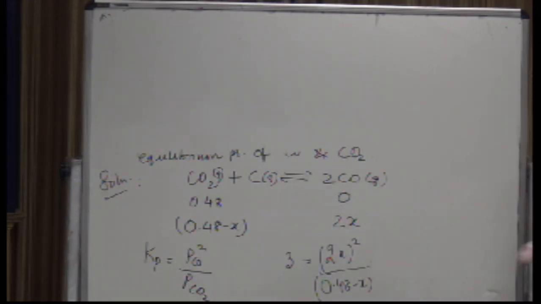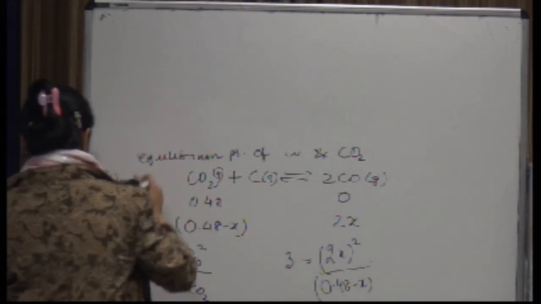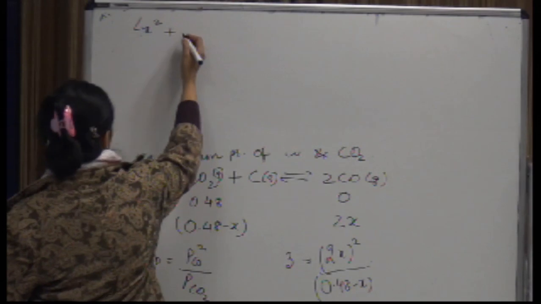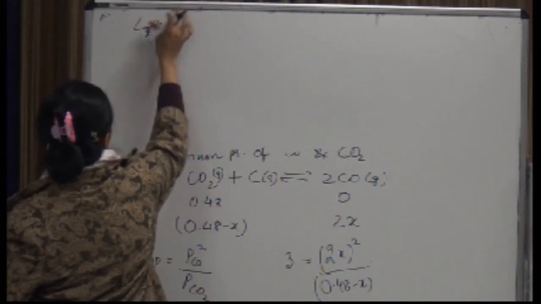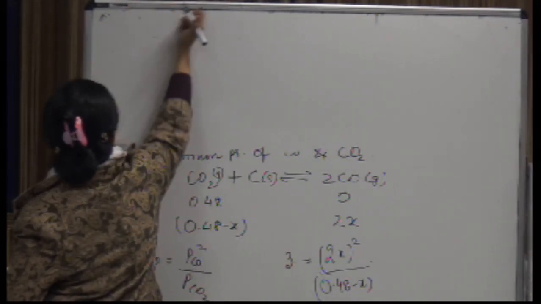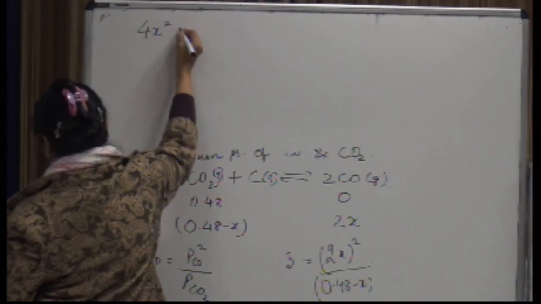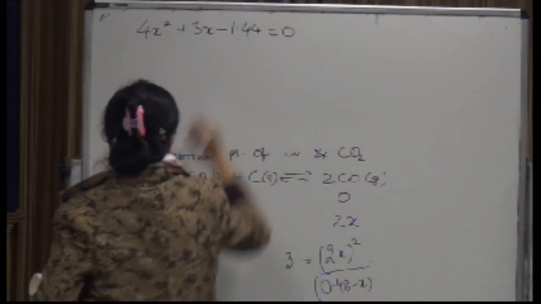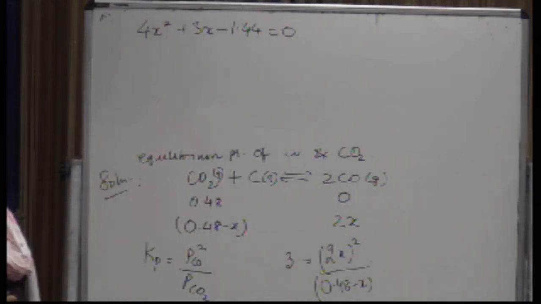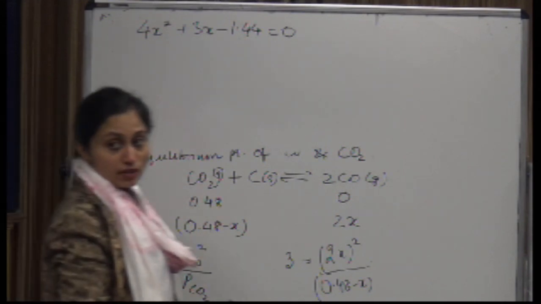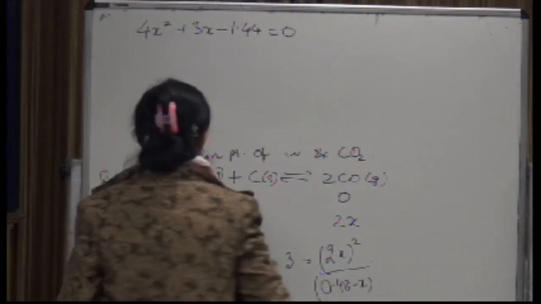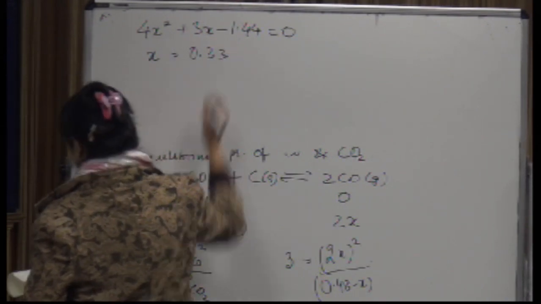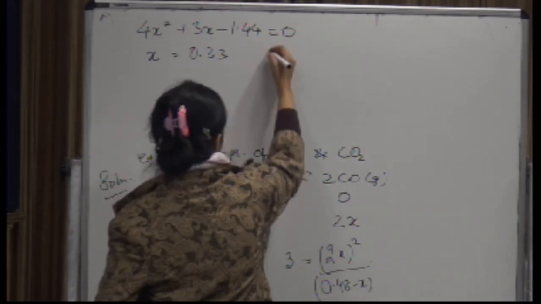So in this case the quadratic that you will form will be something of the type of 4x square plus 3x minus 1.44. I am sure you all have arrived to the state, and then you know x is equal to minus b plus minus of under root of b square minus 4ac upon 2a. So you can easily solve that to get the value of x as 0.33.